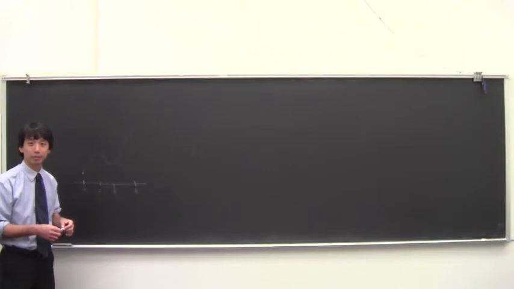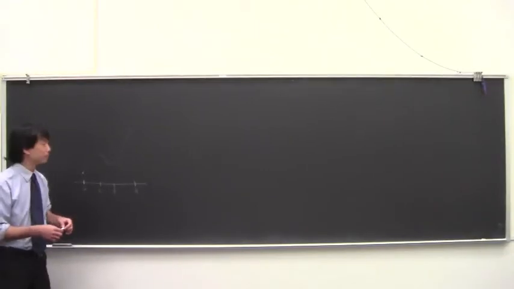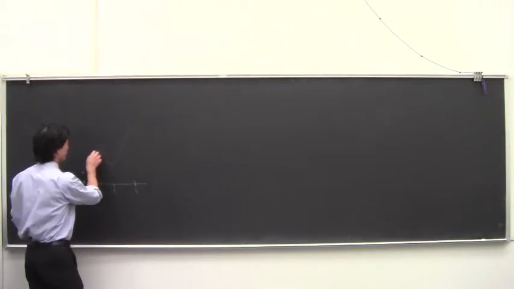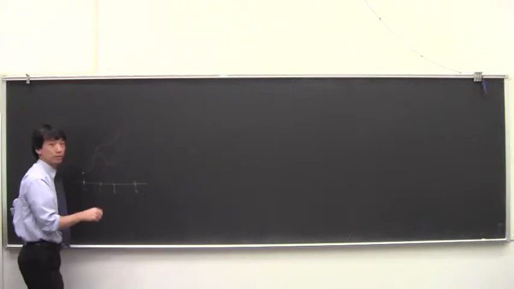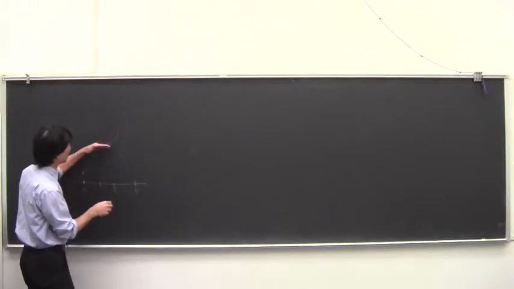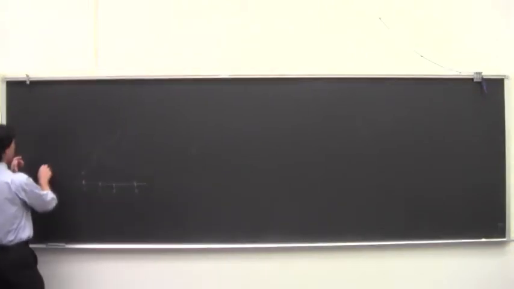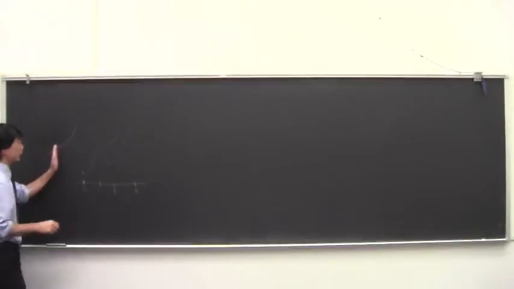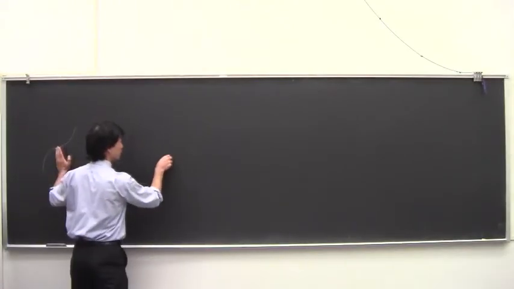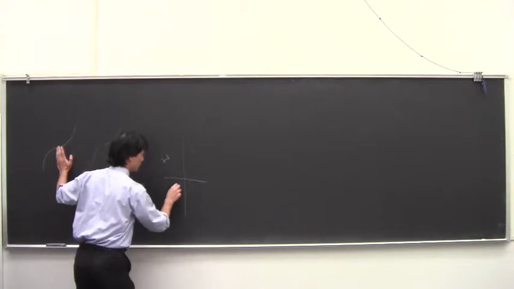But if the derivative is still 0 at that point, wouldn't they be local mins and local maxes? Not necessarily, because you could have something like this, where the derivative is 0 just for a second. For example, x cubed.